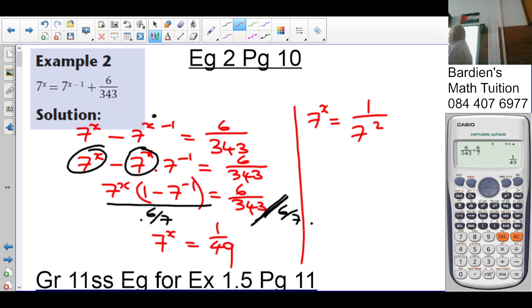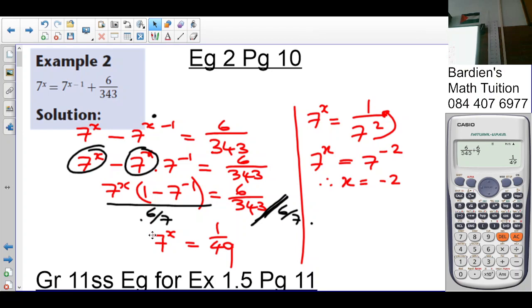So 7 to the x is equal to 7 to the negative 2. Therefore, x is equal to negative 2. And again, you can test it. Any confusion at this point? Any questions? No? Am I moving too fast?